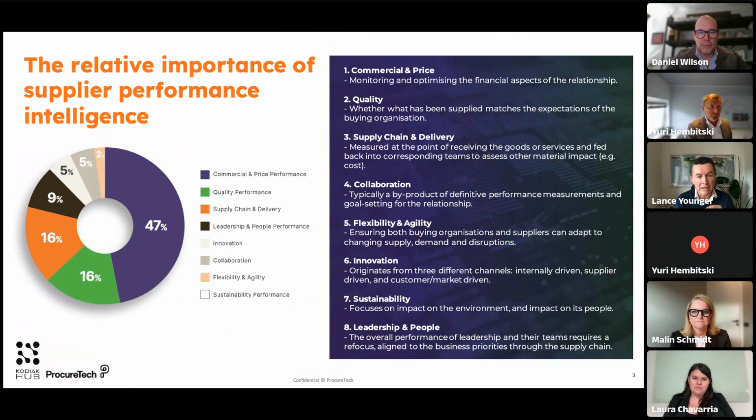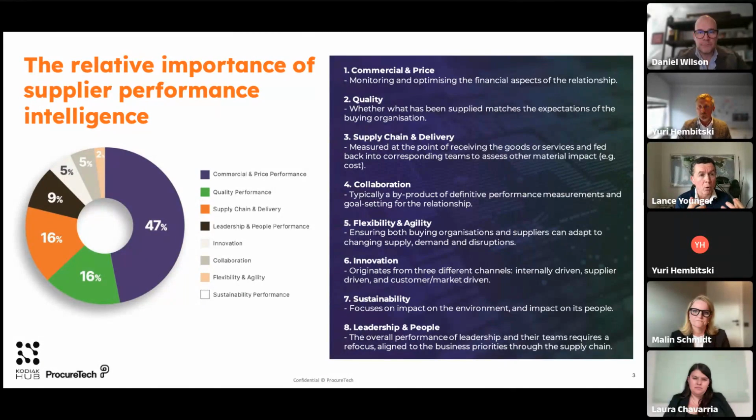And we look at supplier intelligence and data across 8 different domains, going from the commercial and pricing information, which we all know as well, all the way through to the leadership and people data that sits within the supplier organizations as well.